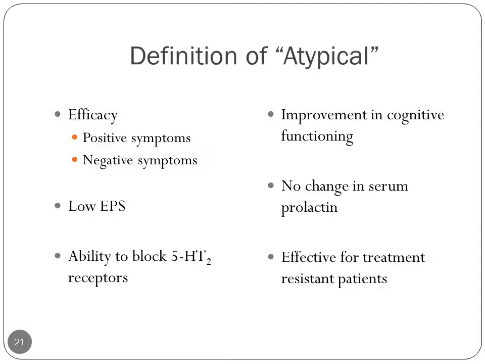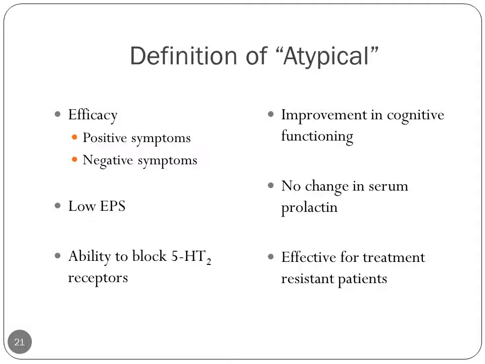One is that it needs to have efficacy for both positive and negative symptoms. Second, it should have low incidence of extrapyramidal symptoms, ideally no EPS. They should also block serotonin receptors, and there should be improvement in cognitive functioning, no change in serum prolactin, and they should be effective for treatment-resistant patients.